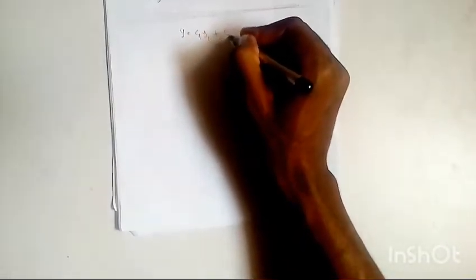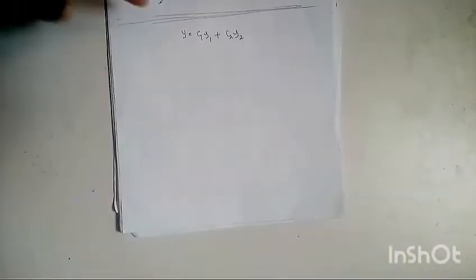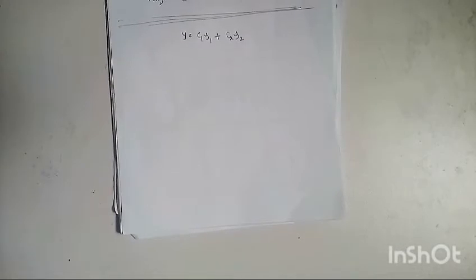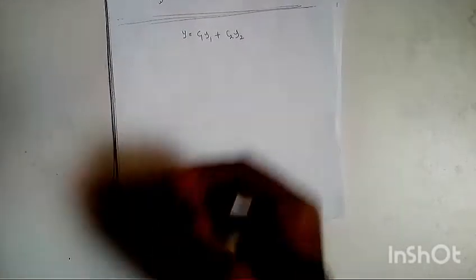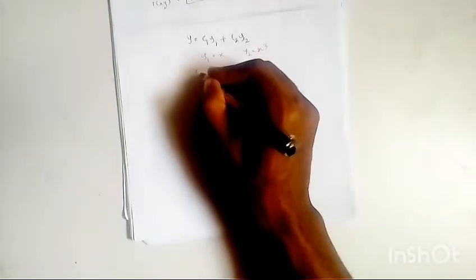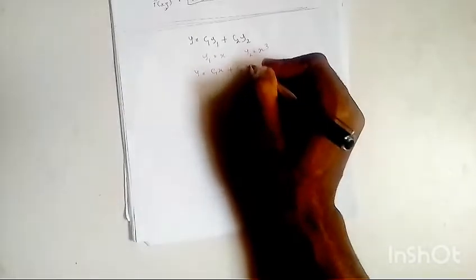The general solution for a second order differential equation will be y equals c1y1 plus c2y2, given a set of two solutions. Since we are given y1 equal to x and y2 equal to x raised to the power 3, the complementary function will be c1x plus c2x raised to the power 3.